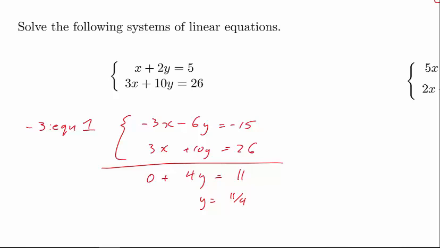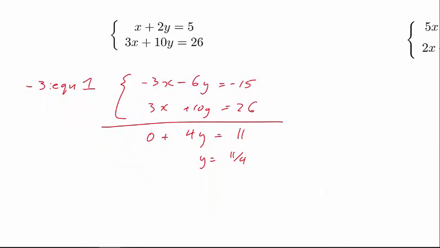And now we're going to take this value of y and plug it back into our equation 2. I'm sorry, we're going to plug it into equation 1. You could plug it into equation 2 as well, that would work, but we're going to do equation 1. So we have x plus 2 times 11 over 4, and that equals 5.